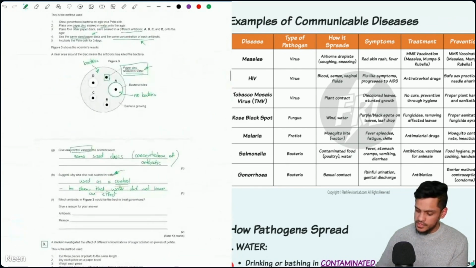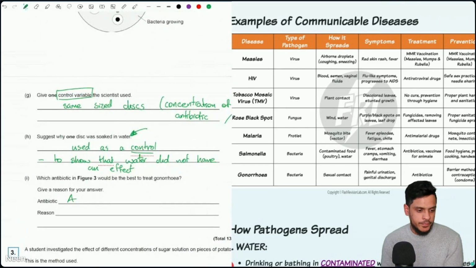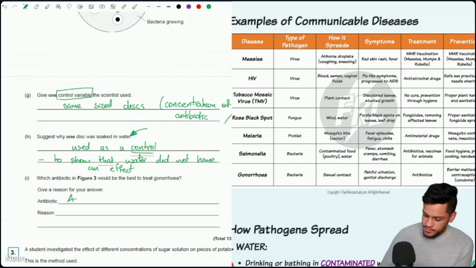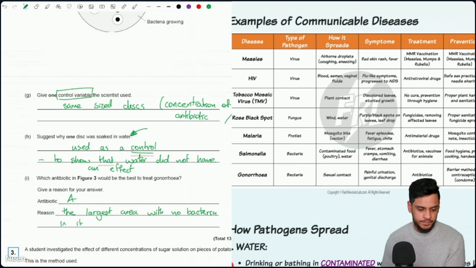So you'd say antibiotic A, because it has the largest area with no bacteria in it. Yeah, well done.